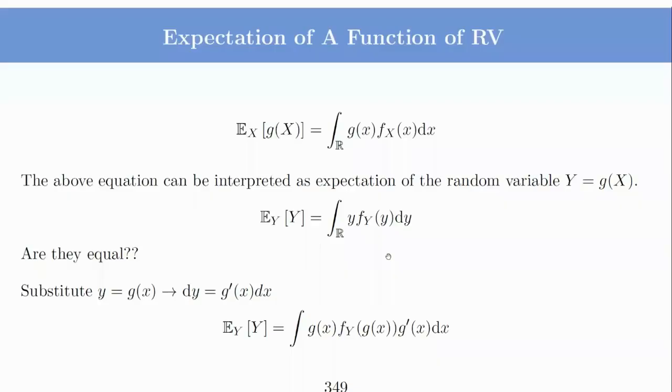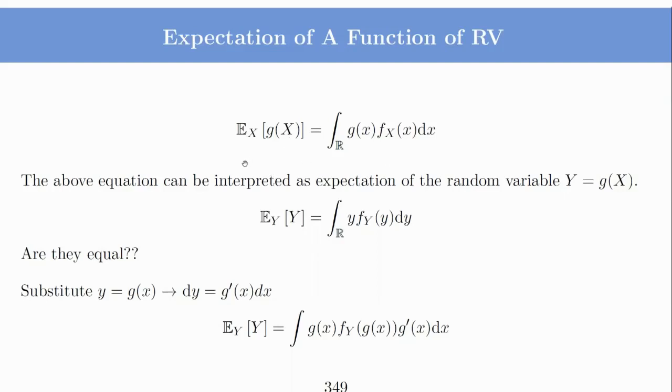We will now see how we can compute the expectation of a function of a random variable. If x is the random variable and g is a function of this random variable, then g of x is also a random variable. Let's call y equal to g(x). If we want to calculate the expectation of g(x) or y, we can compute it this way.